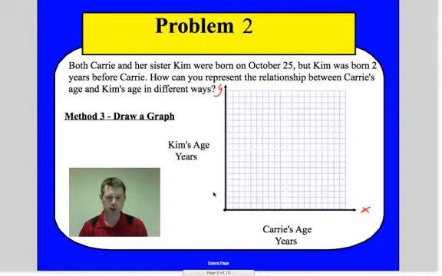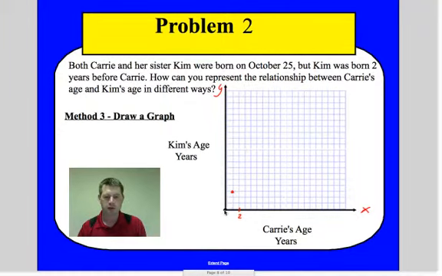And we just want to start drawing our information as we go. So let's say Carrie starts off at 1 year old. Okay, actually I'll start here at 2 because that's what I put in your notes. Okay, so if we start off at 2, that would be 1 there. Okay, so if we go 1, Kim is going to be 1, 2, 3.